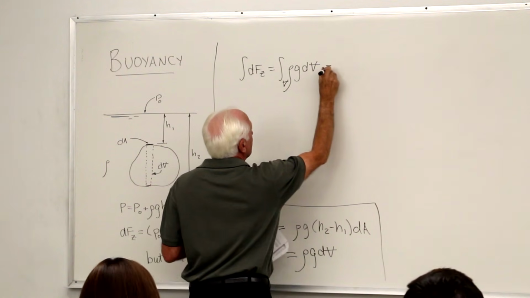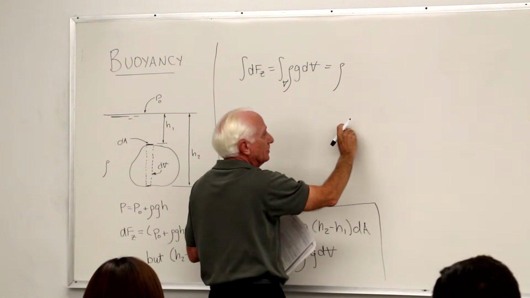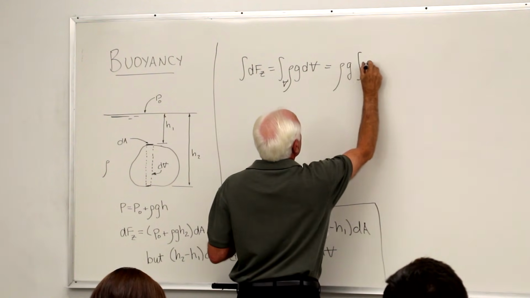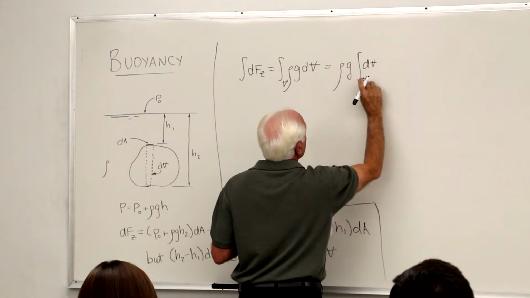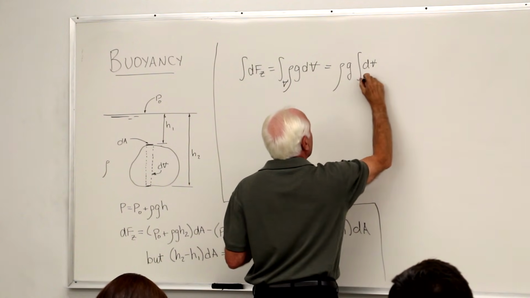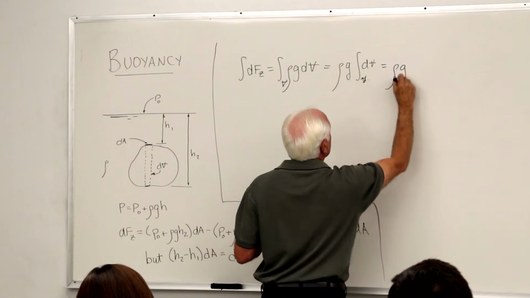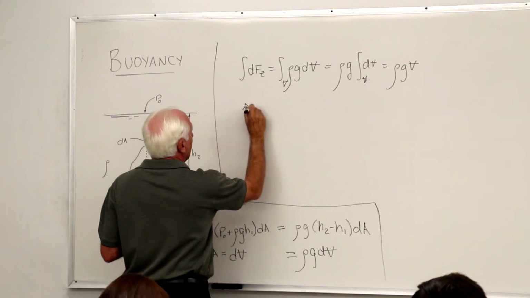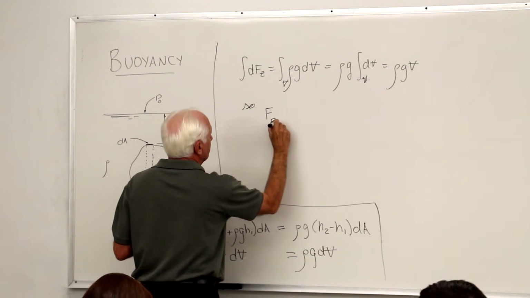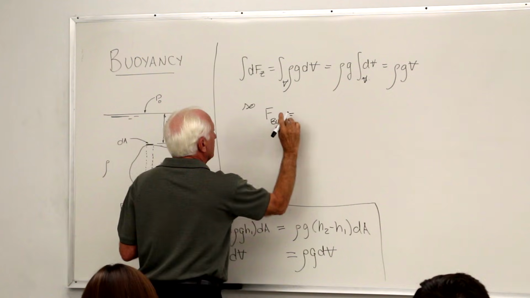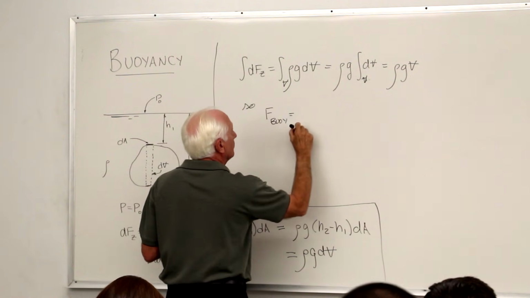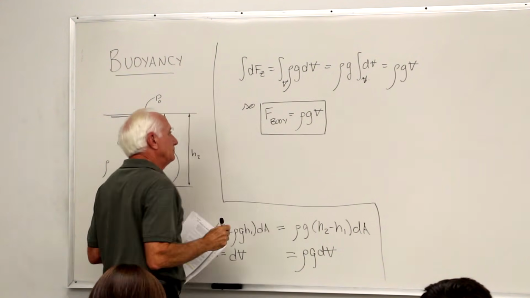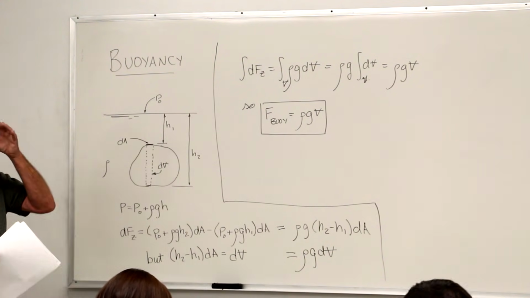Bring out the constants. We assume incompressible, rho is a constant. We assume G a constant. Integrate dV over V, and we end up with rho G V. So, F buoyancy equals rho G V. What's rho G?